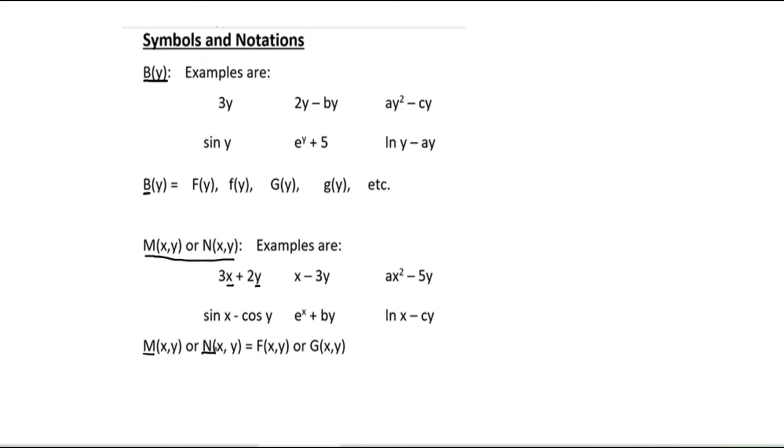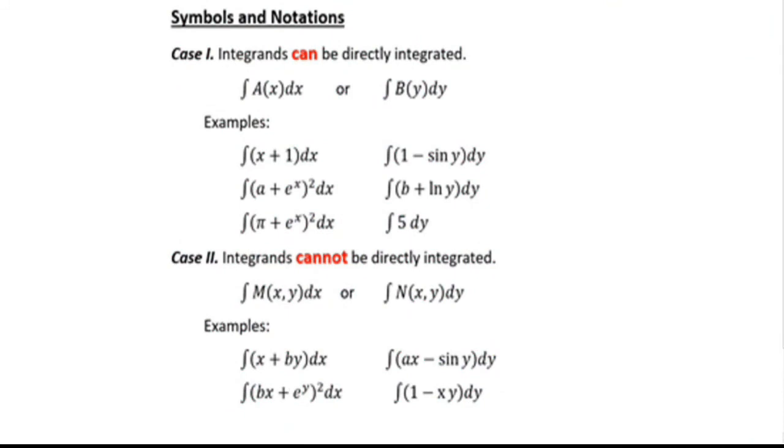Now, let us connect our discussion on symbols and notations to the solutions of differential equations. Now let us classify differential equations into 2 cases. For case 1, the integrands can be directly integrated, meaning the integrand of dx should contain only variable x, or the integrand of dy should contain only variable y. 3 examples for A(x) dx are given here.